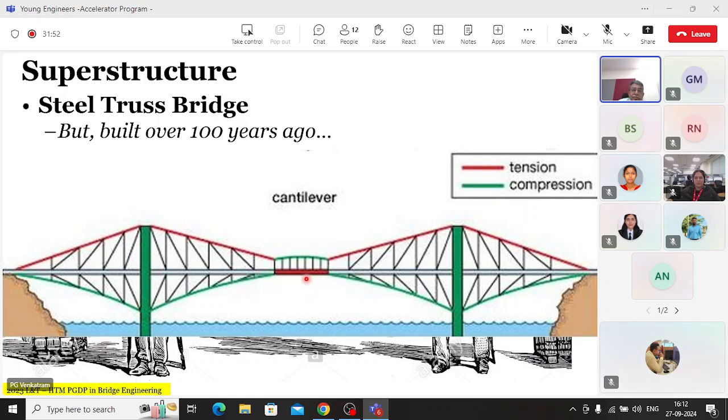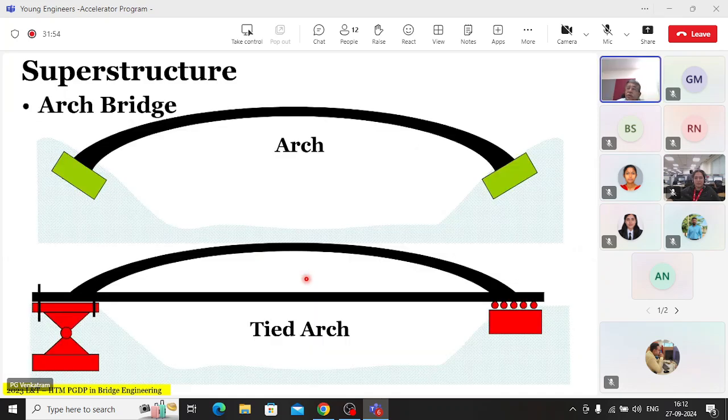Okay. Next, we move on to the arch bridges. Now, arch bridges classically have two types. You have a conventional arch, and in a conventional arch bridge, how does the force transfer take place?